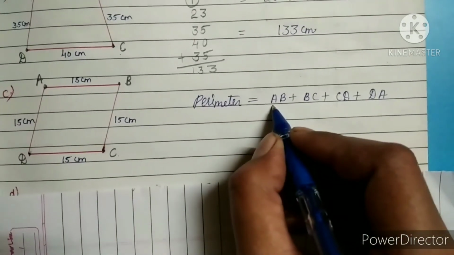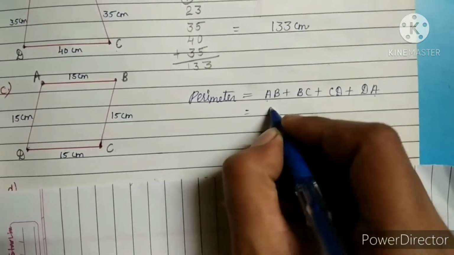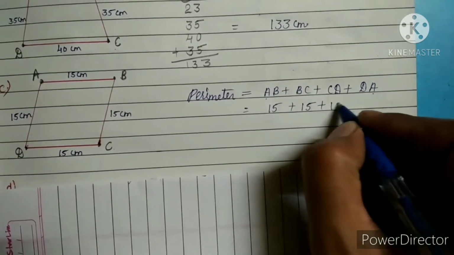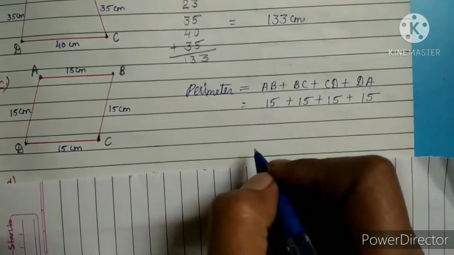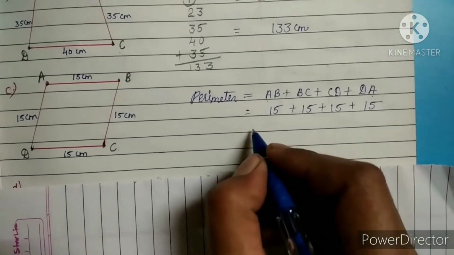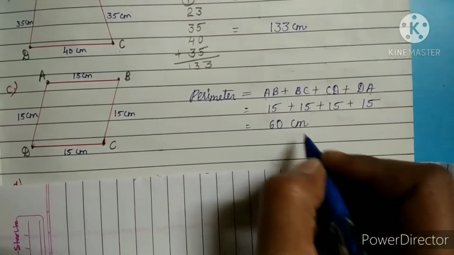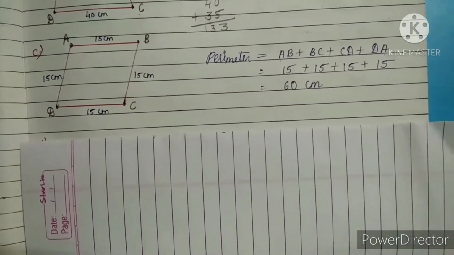You started from A and you ended at A. Now all sides are 15 centimeters. So AB is 15, BC is 15, CD is 15 and DA is also 15. When you add them, you get 60 and the unit will be centimeter. So this is the solution of C.